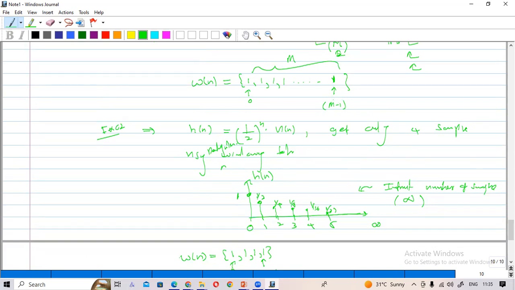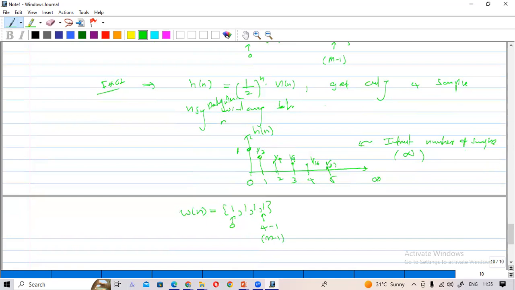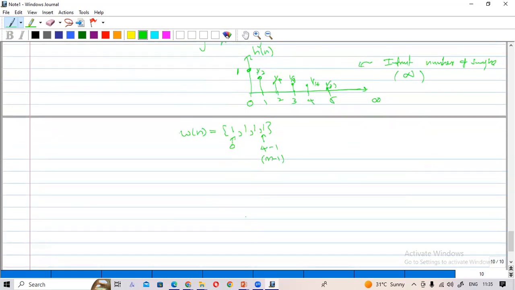So you have 0th, first, second, and third samples. This is n, this is w[n]. For the rectangular window, you get 1, 1, 1, 1 at n equal to 0, 1, 2, 3.